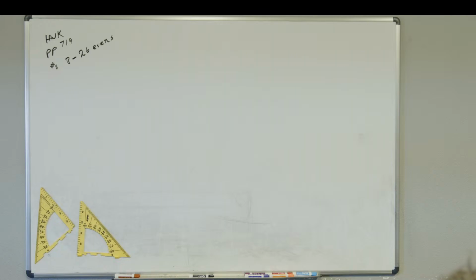Times x squared plus x minus 12 minus 4x minus 16 is greater than 4x squared minus 12x. What now? Distribute the 3. Yeah, that's fine.